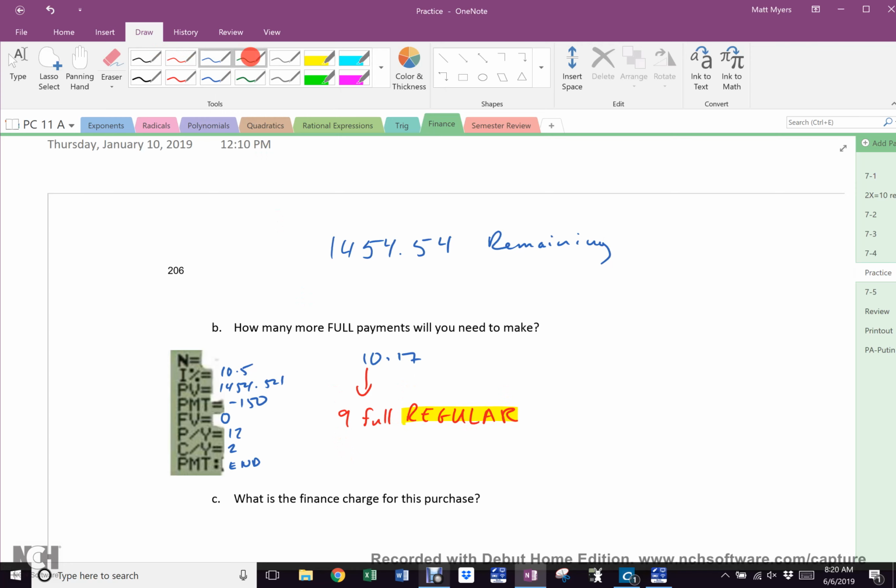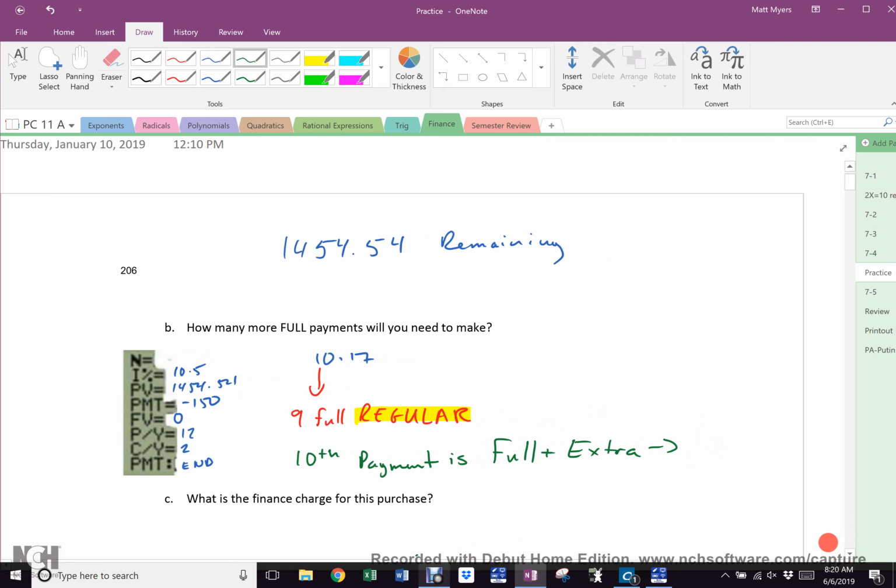And then your 10th payment is a full payment plus the extra. And this is what we call a balloon payment.